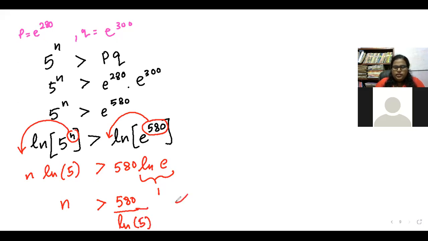So when you are simplifying this answer 580 divided by ln 5 by using calculator, you get some value like 360.37, right? So our solution to the inequality is n greater than 360.37.